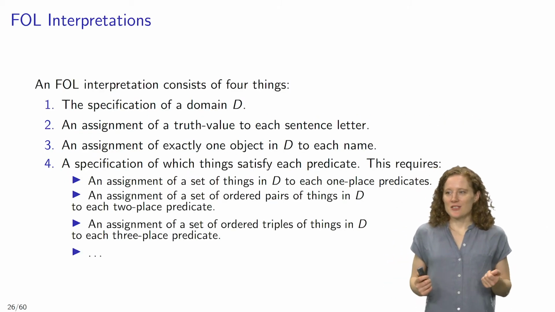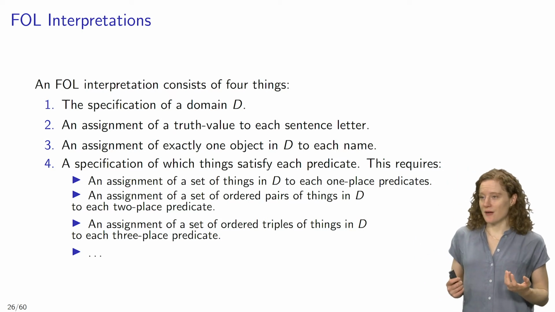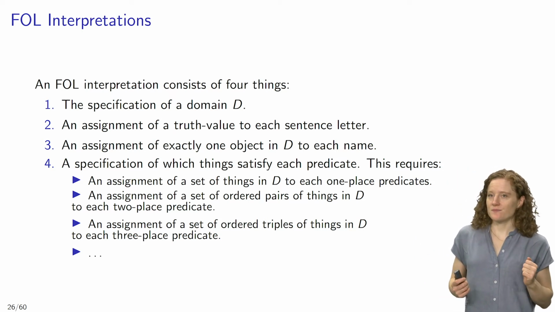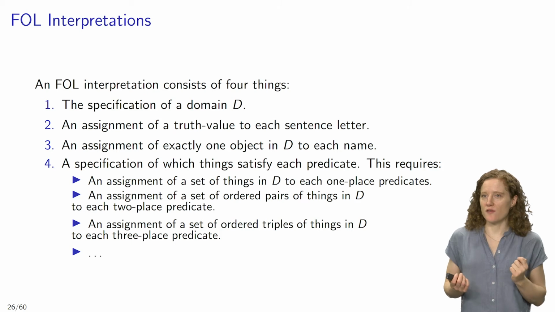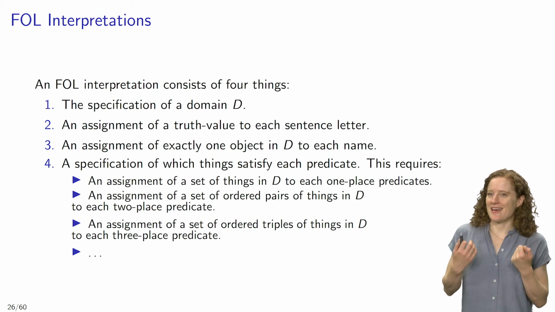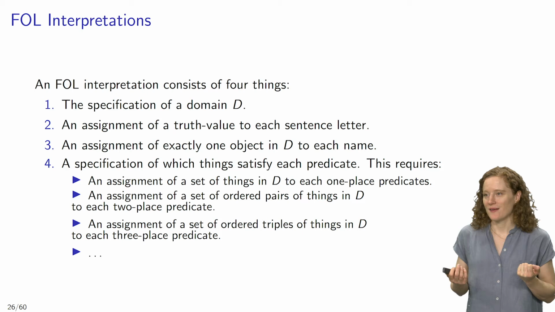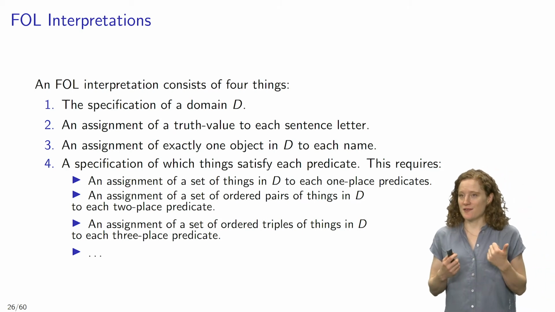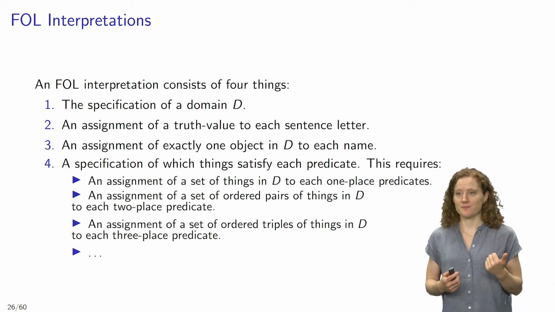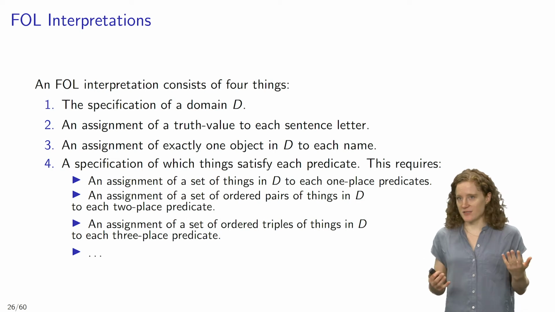Now, the approach that we are going to choose for FOL makes heavy use of the notion of an FOL interpretation. And you may recall that an FOL interpretation consists of four things. First, we need to specify a domain, which is a collection of objects.